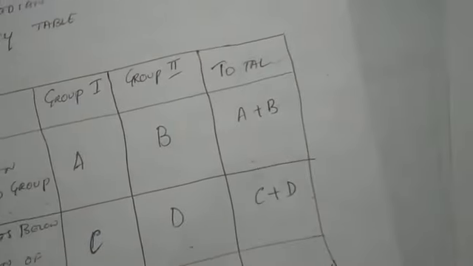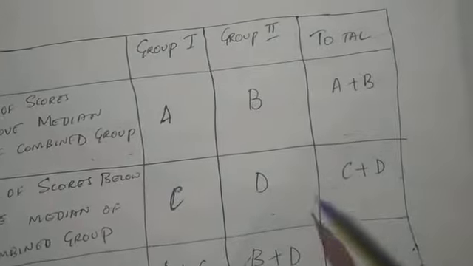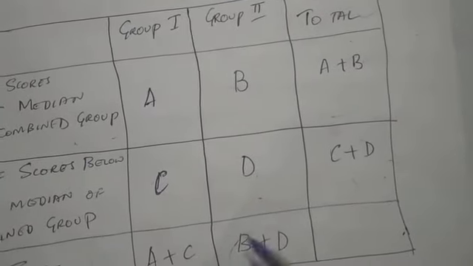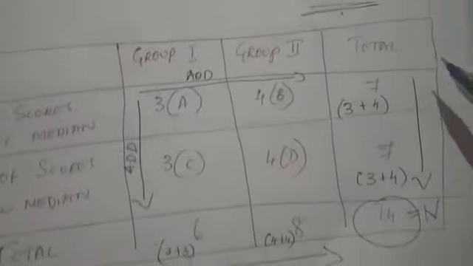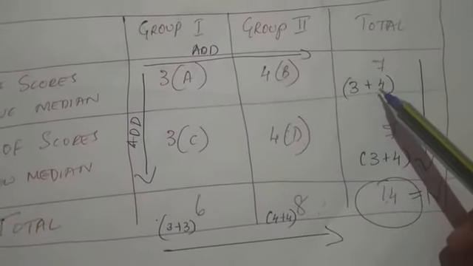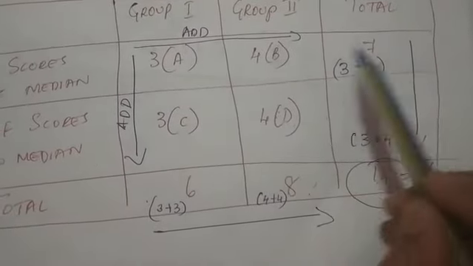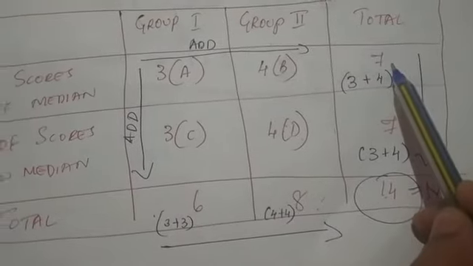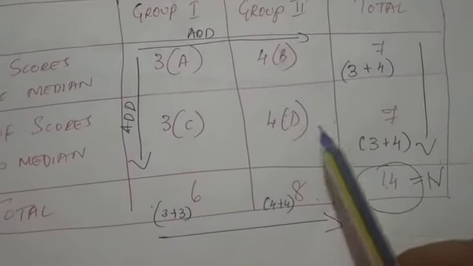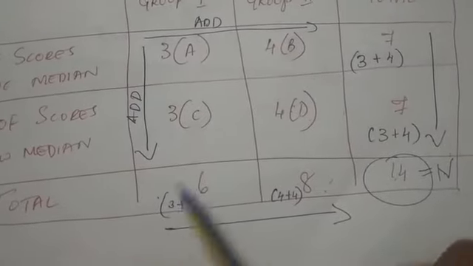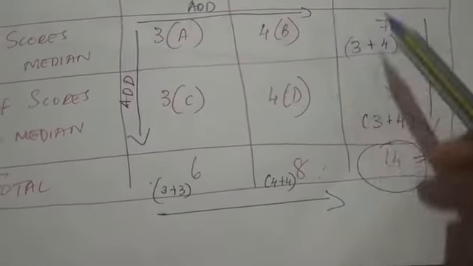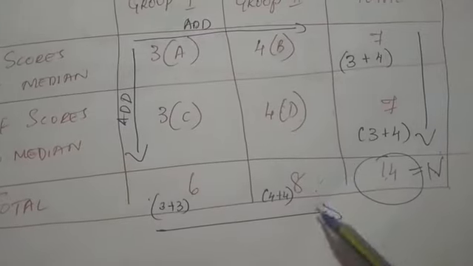So when the formula itself is A plus B into C plus D into A plus C into B plus D, we have to substitute the total values in the denominator. So when we say A plus B, 7, into C plus D, 7, then we have A plus C, 6, and B plus D, 8.